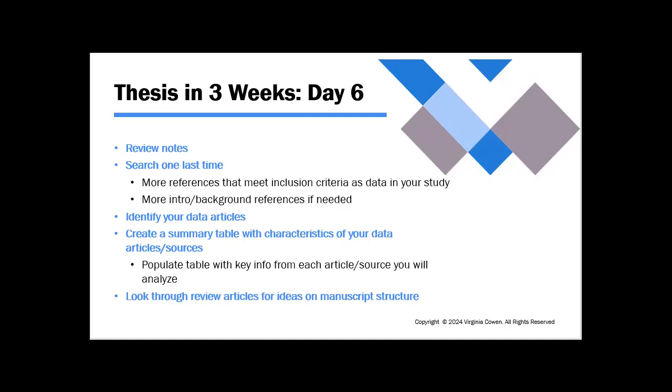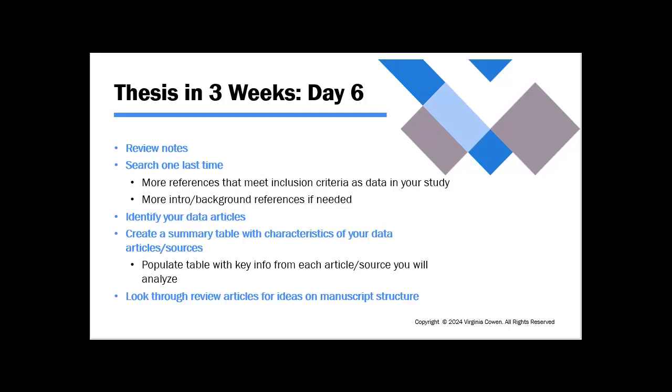The columns could be the independent variables that you're going to analyze, compare, and contrast in your results section. So what does that mean? If you're doing healthcare research, you're going to have probably a column for the number of participants. You might have a column for location, for demographics.